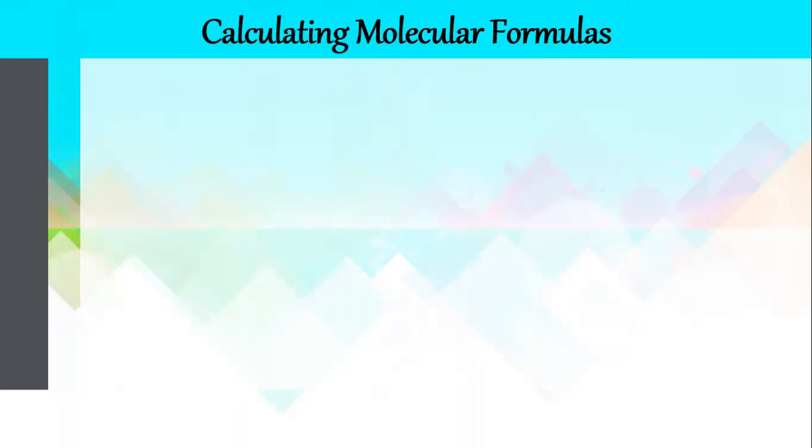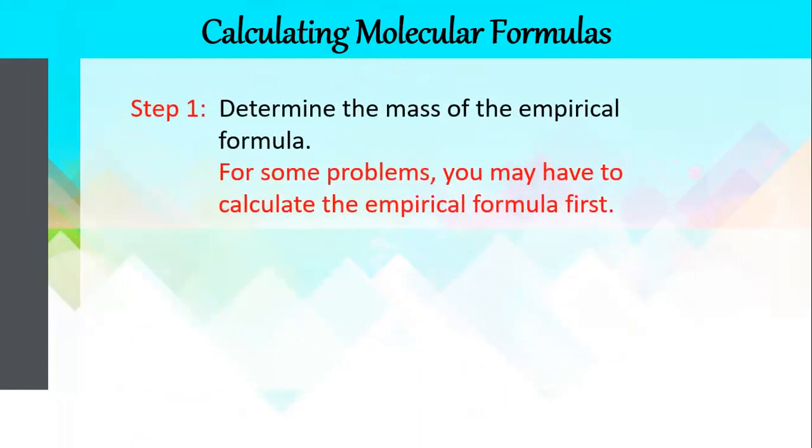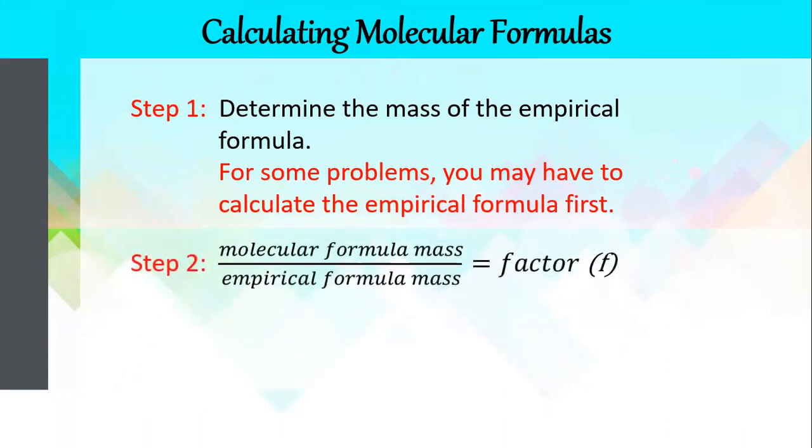Once again, we have steps to follow in calculating the molecular formulas. Step 1, determine the mass of the empirical formula. For some problems, you may have to calculate the empirical formula first. Step 2, you have to use this formula to get the factor: factor F is equal to molecular formula mass over the empirical formula mass.